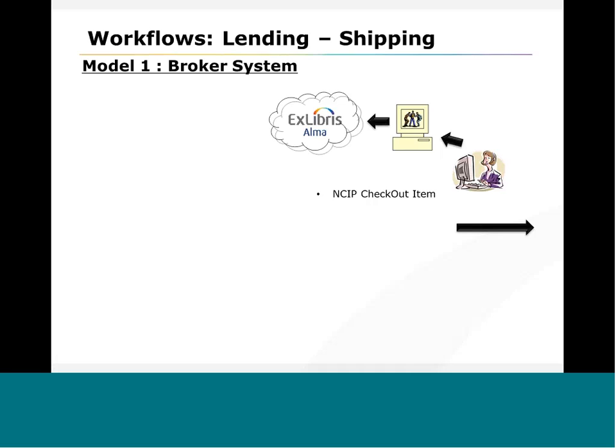But the broker system is able to notify Alma of the fact that this item has been shipped away using the NCIP check out item message. Alma, in response to this message, will know that the temporary change of location needs to take effect, and it will actually change the temporary location of the item so that it temporarily belongs to the resource sharing library as we've described at the beginning of this session.